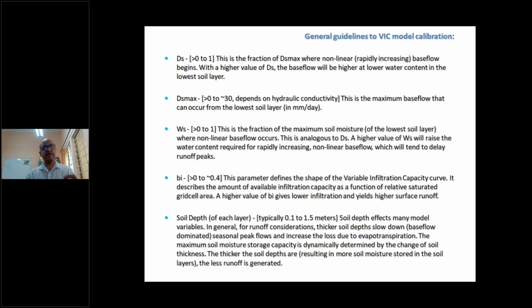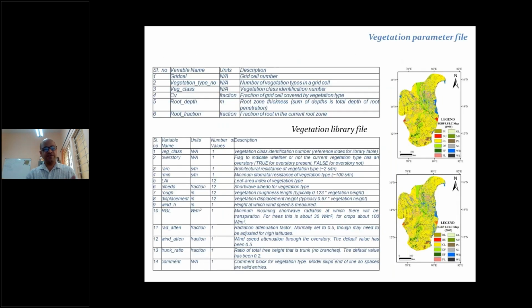Just keep in mind that you have to give vegetative inputs, static and dynamic, meteorological inputs, dynamic, and soil inputs, which are static. Static means once you give it for the entire study run, it will remain the same, whereas meteorological inputs will change from day to day. Even the vegetative library will accommodate dynamic properties, as the biophysical properties of vegetation change from season to season.